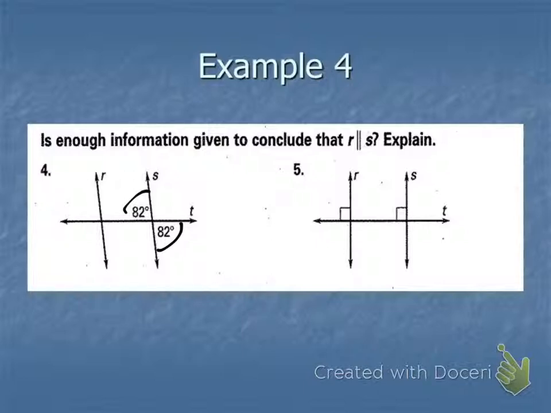They're vertical angles. Do vertical angles tell us anything about parallel lines? No, we knew about vertical angles being congruent way before we talked about parallel lines. So although they are congruent, that's not one of the 4 special relationships that we've learned about. So do you want to change your answer? No. The answer is no. Not enough info.